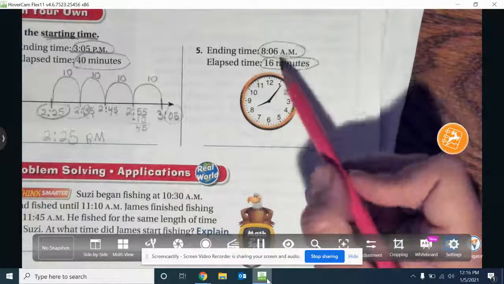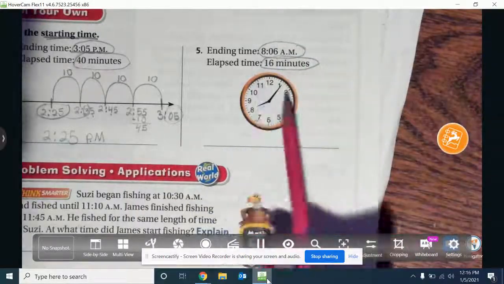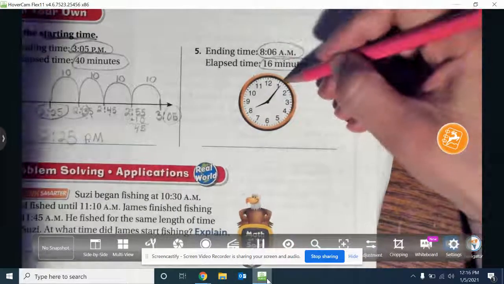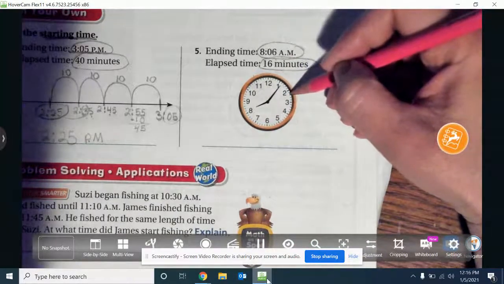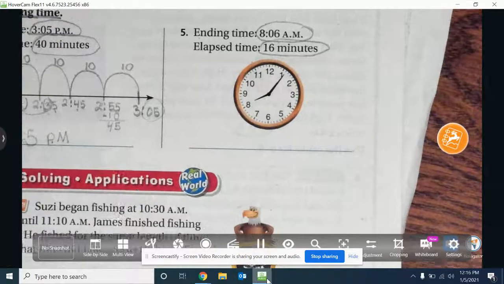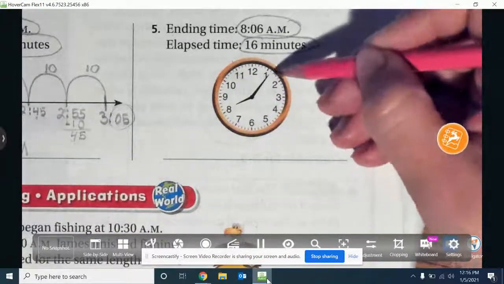So I'm just going to count by ones. Remember, each little tiny line represents 1 minute. You can either count 16 tiny little lines and see where it ends, or you can do it this way. Let me zoom in so you guys can see the lines better. So we need to count 16 minutes after.